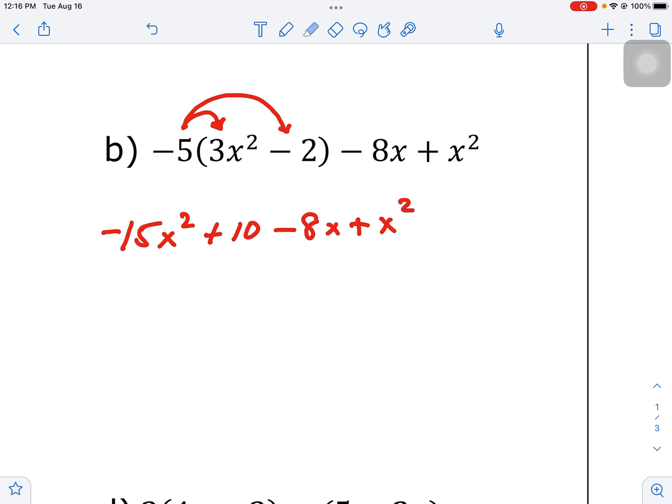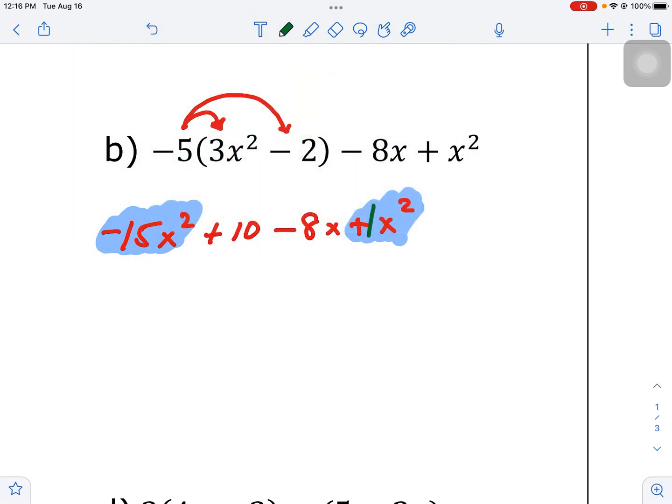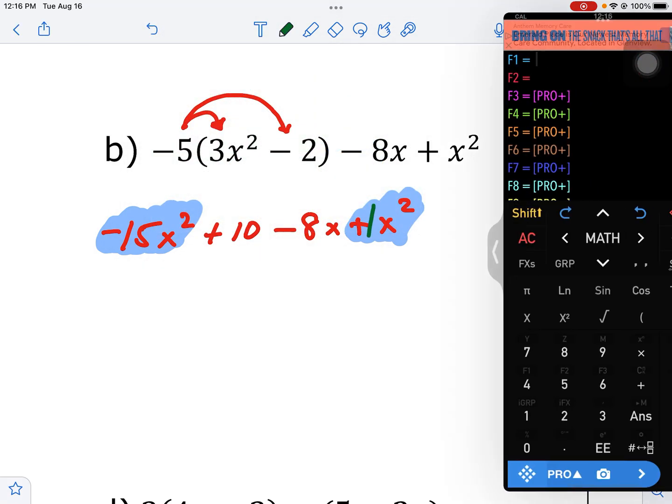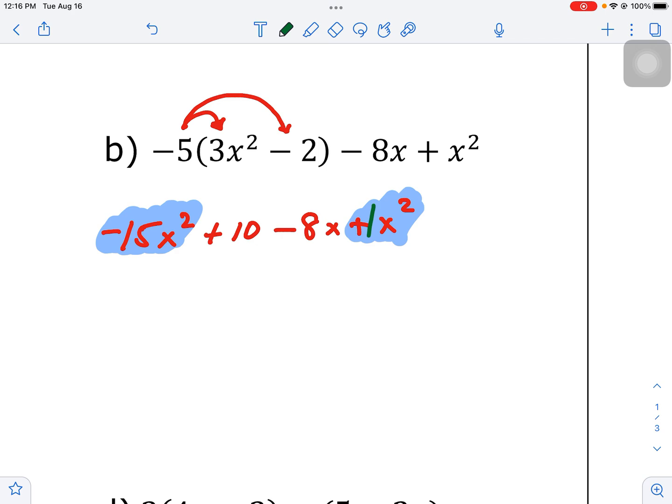Now I'm going to look for like terms because there's no other operations I need to do. So I have a -15x plus x squared, and we have to remember that x squared is really 1. So -15 plus 1, remember you could always take your calculator and set it. Of course my calculator's stuck in a funky function. That's okay, we don't need it.